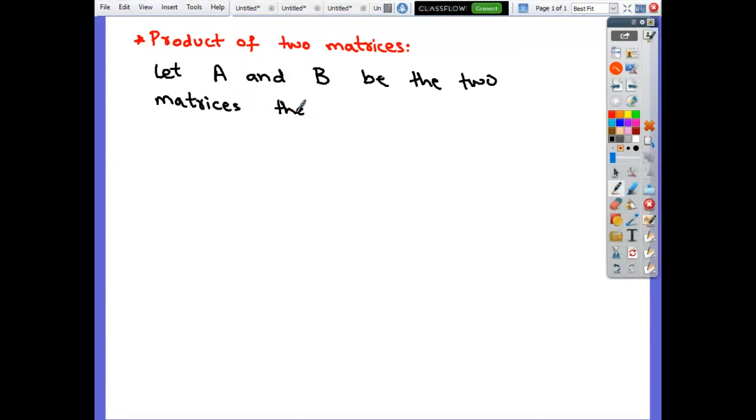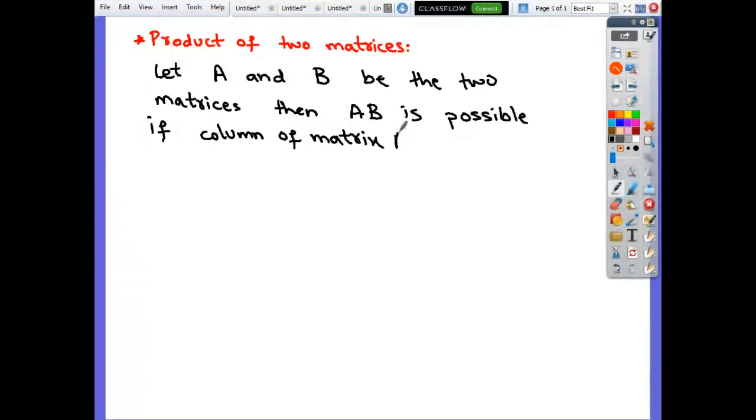Then A into B is possible if the columns of matrix A are the same as the rows of matrix B.